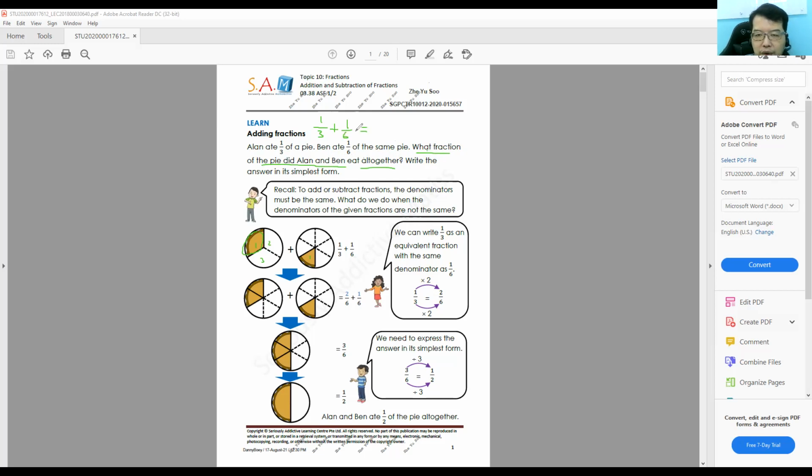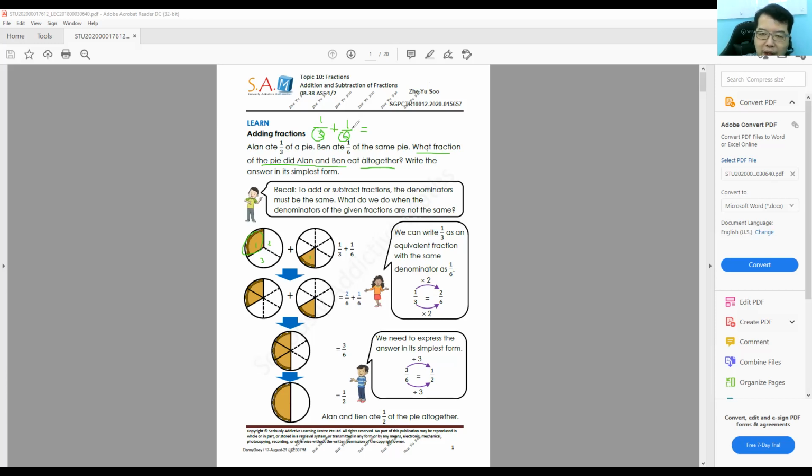Now, you would notice that the denominators are different in this case. One is based on 3 parts, and the other one is based on 6 parts. So how do you add fractions of different denominators together?